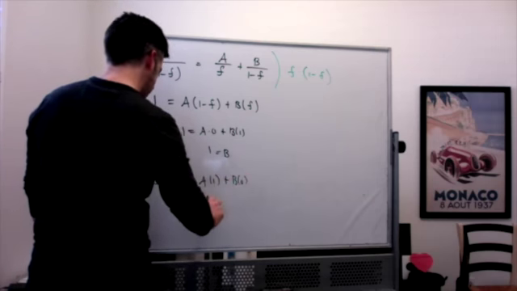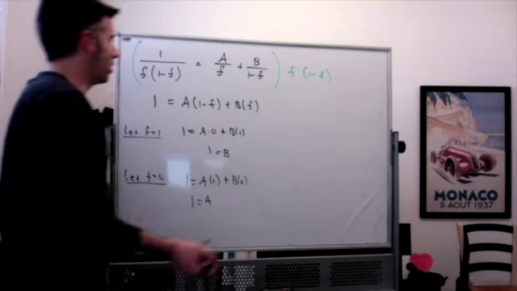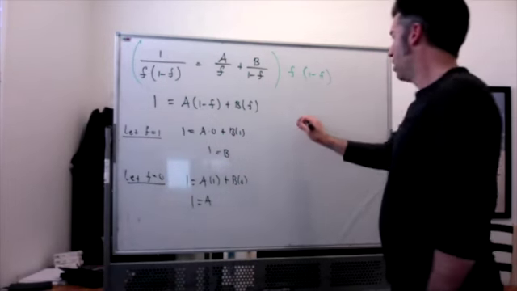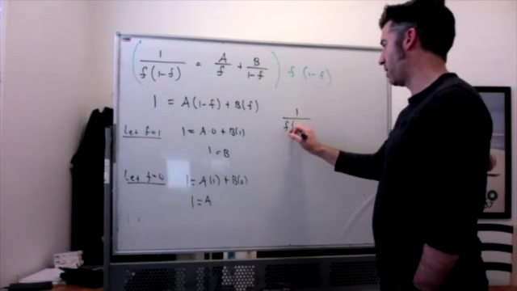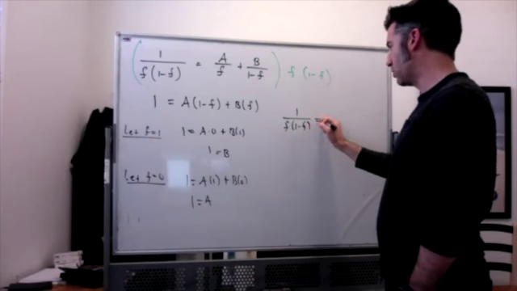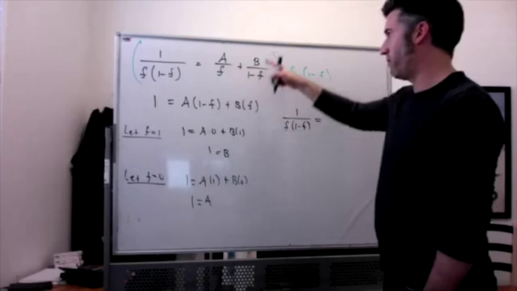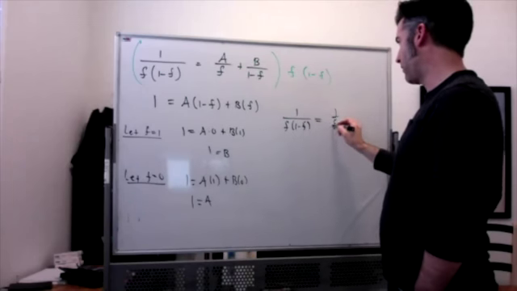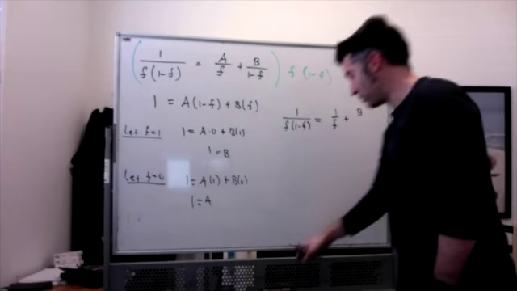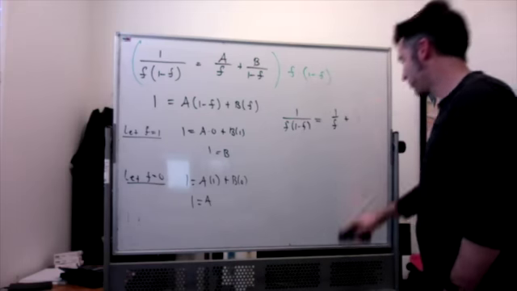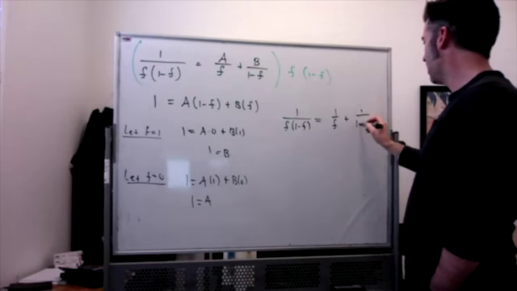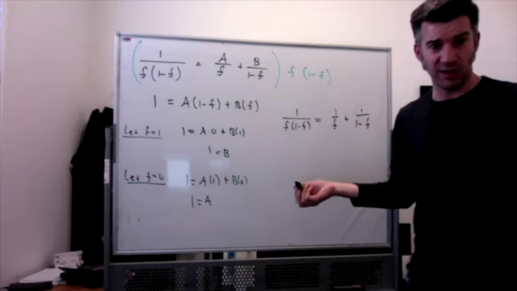So a is also 1. How convenient. So that means that 1 over f times 1 minus f is equal to a over f plus b over 1 minus f, which is 1 over f plus 1 over 1 minus f. And then since we've got the room, let's go ahead and do the integration.